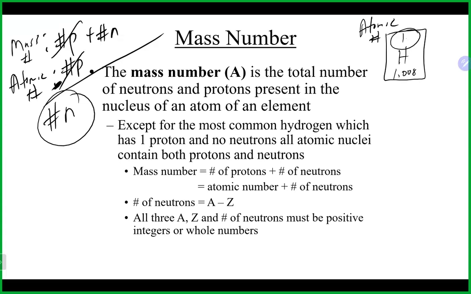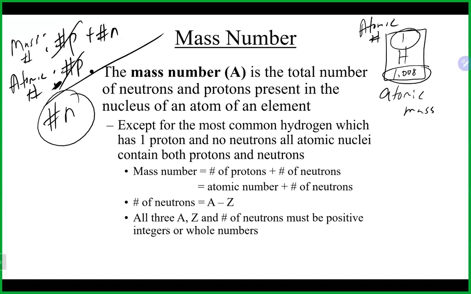The mass number is not on the periodic table. This is what is known as the atomic mass, which is different from the mass number. What confuses people sometimes is that the atomic mass and the mass number in some cases are very close to one another, so people think, oh, they must have just rounded or something, right?